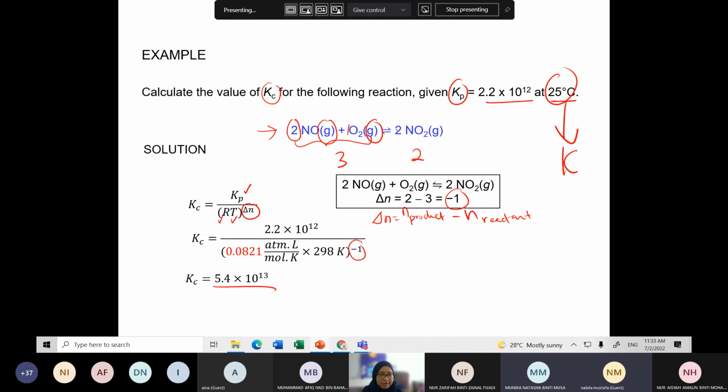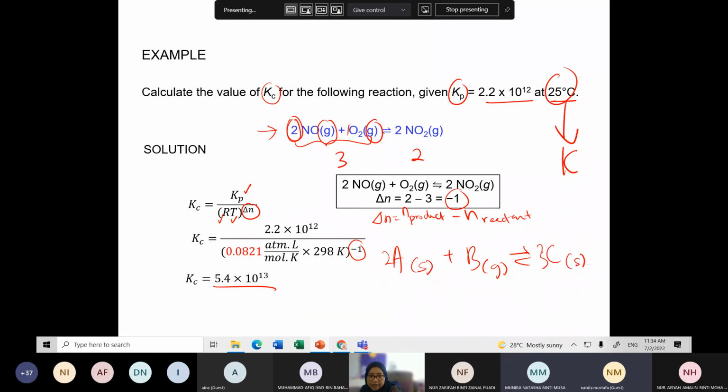I think this is easy. But what if it involves a solid? Suddenly there's a solid here. How? When it's a solid, the coefficient is not one, the coefficient is zero. So don't confuse it with the concentration earlier, the Kc expression. Do not get confused with that. When there's a solid, imagine you have a solid. How do we do it? Take A, 2A, for example, this is just an example. This is solid plus B, gas, and C is also solid, 3C for example.